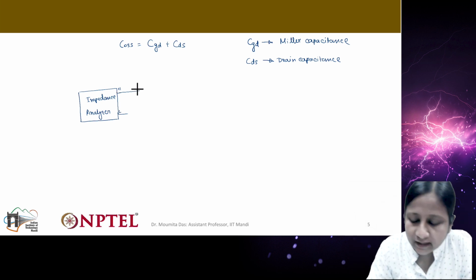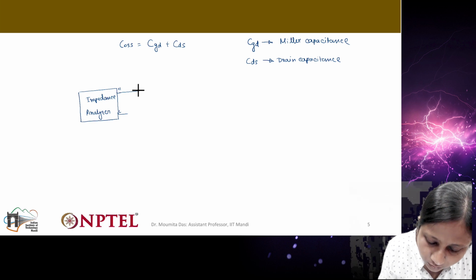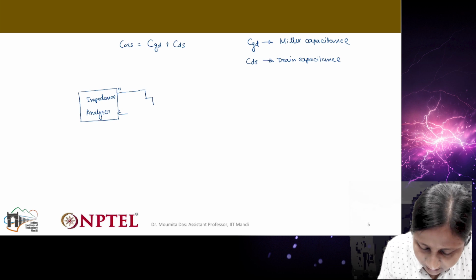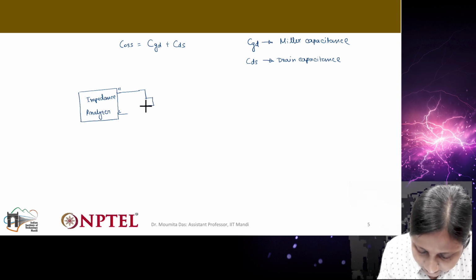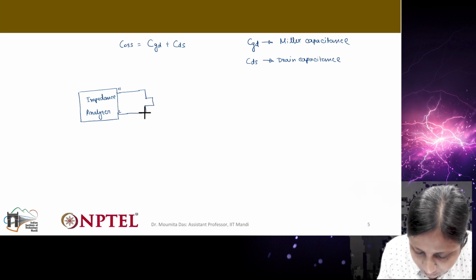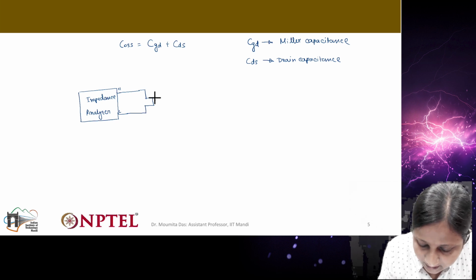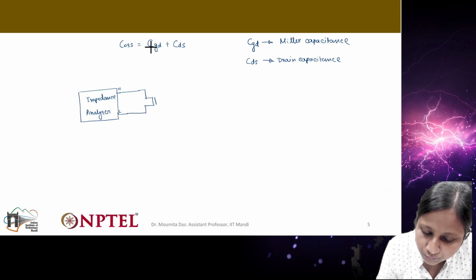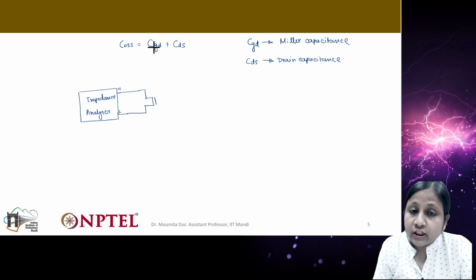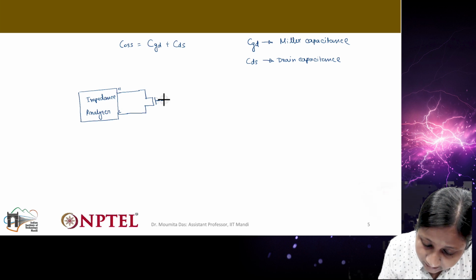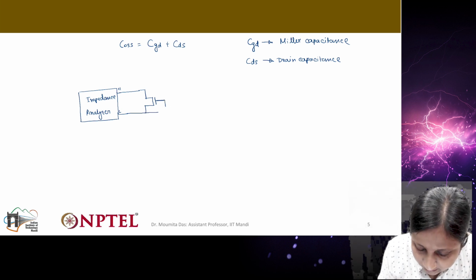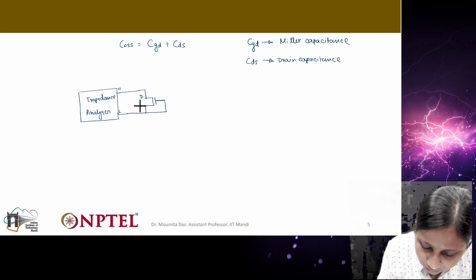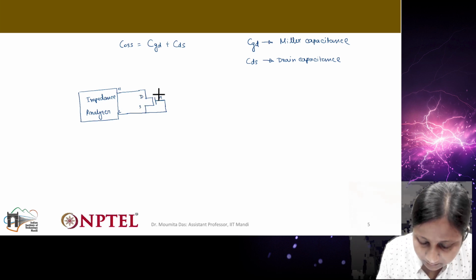The impedance analyzer will be connected to the device, let's say the high side to the drain, and the low side will be connected to the source terminal of the device. And as I told you, in order to find out this output capacitance, we need to short the gate and source terminal. So the gate terminal will be shorted here. You can see here, this is drain, this is source, and this is gate terminal.